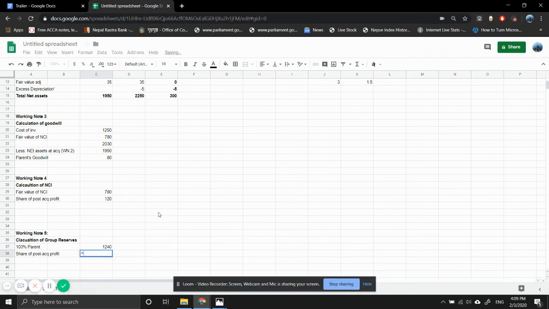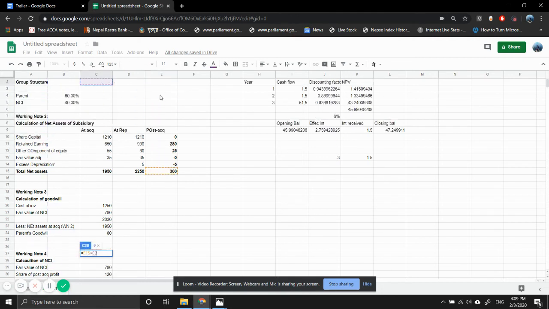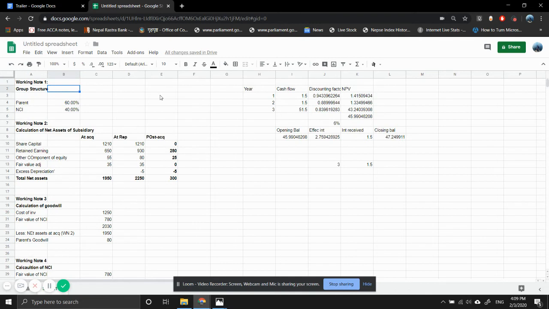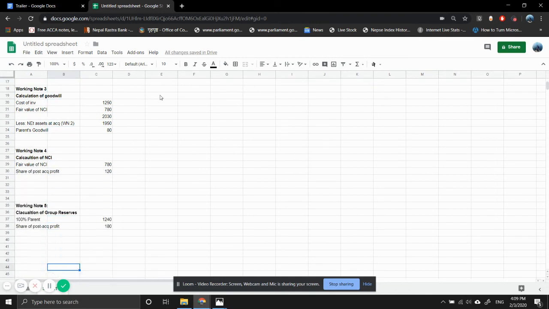And then this figure will be 300 into this figure, 40, not 40, I mean before. Isn't that before? Yep, it's before. And then there will be less something else as well.